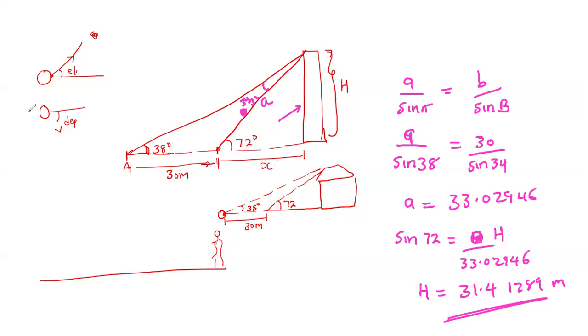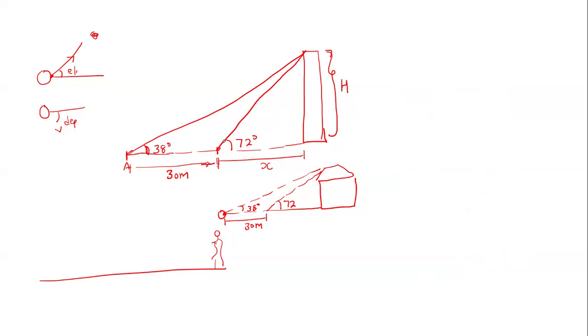But if you don't know how to use the sine rule, then yeah. But what she did, when you look at this triangle here, this is one triangle. So the angle here is 38. You can find the angle here. To get that angle, you say 180 minus 72 because those are angles along a straight line. So here you'll end up with 108. Now, after getting 108, you get this angle here. So you know that it is 180 minus 18 plus 38.